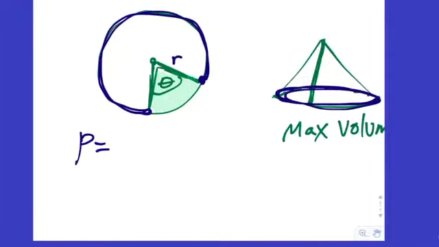The entire circumference of a circle is 2 pi r, yes? And then you subtract from it this right here, which is the arc length. You remember the formula for arc length? It's r theta, where theta is in radians. So that perimeter is over here now.